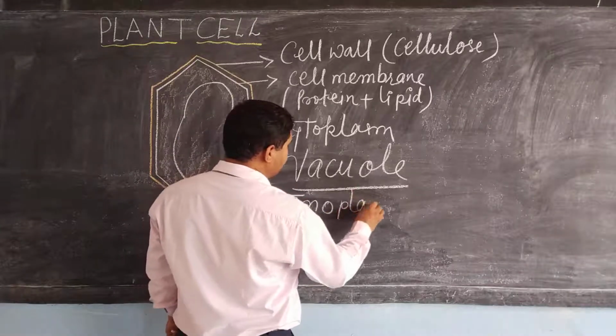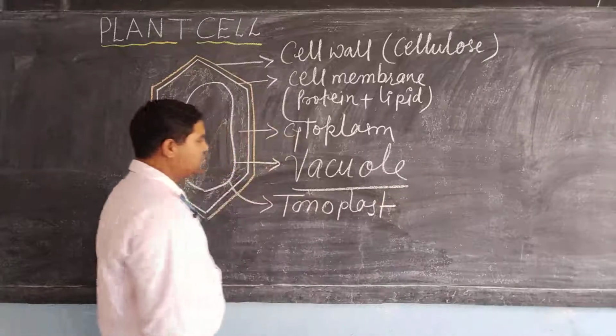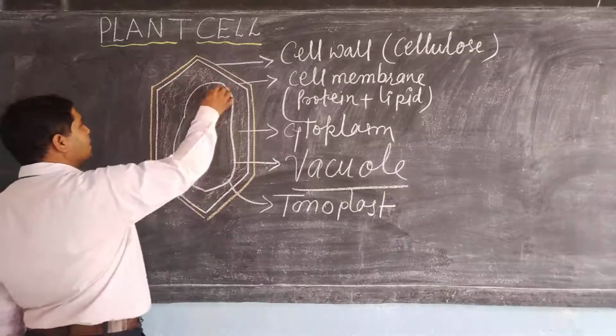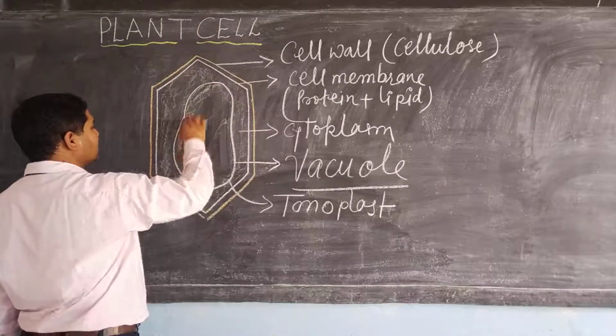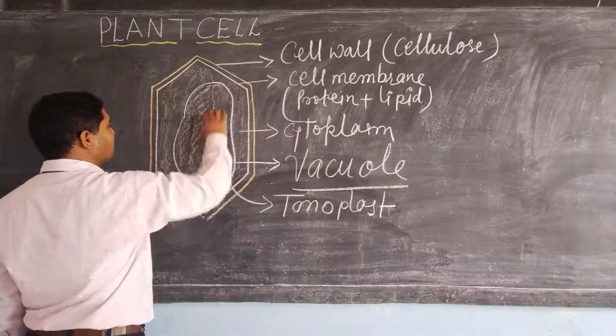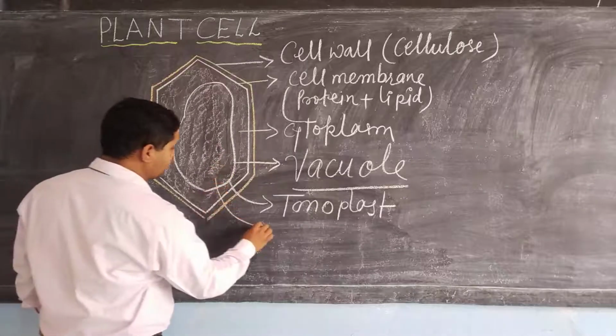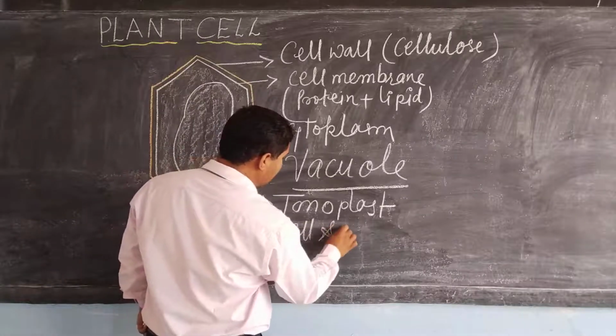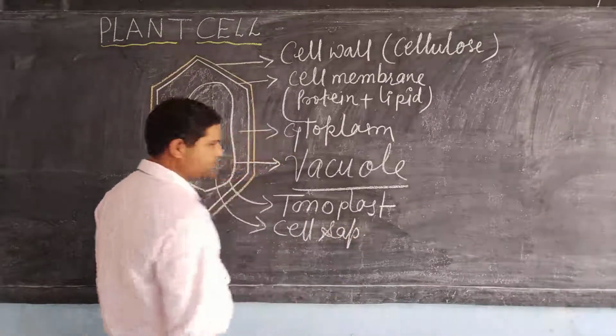Internally the vacuole has a liquid medium, and this liquid medium is known as cell sap.